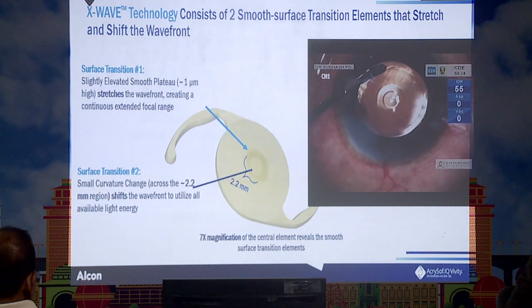These changes are made in the central 2.2 millimeters of the intraocular lens, and with the naked eye it is not visible, but under a microscope with high magnification you can really appreciate the change, and here you can see how it looks.